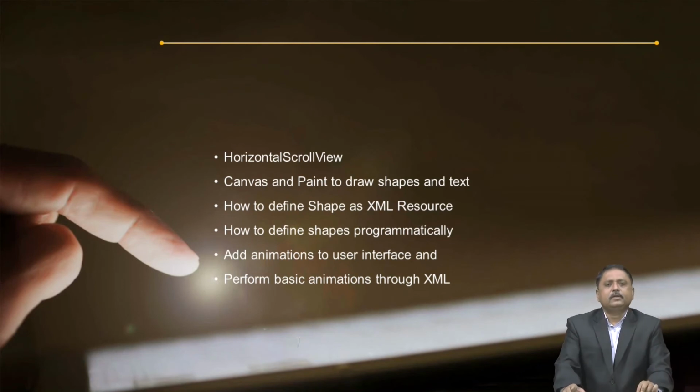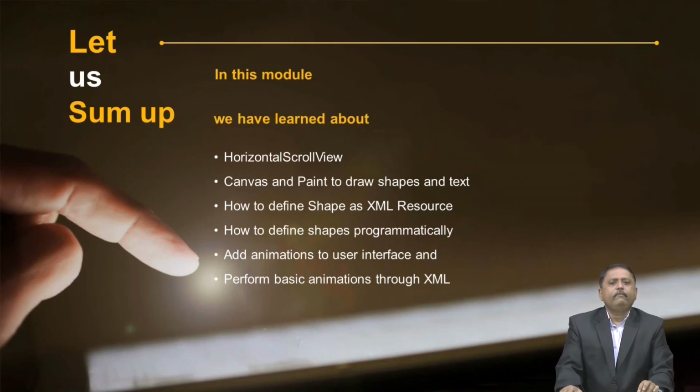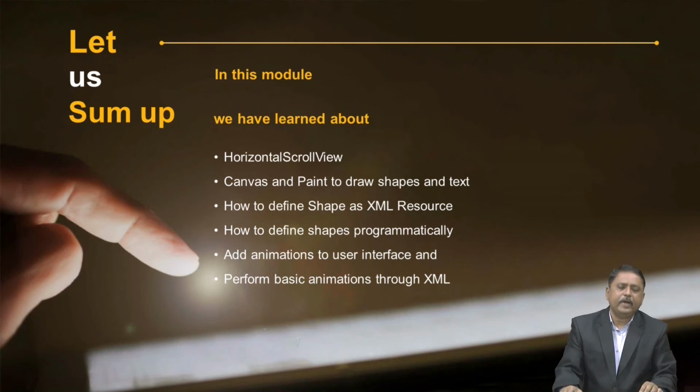So let us sum up, friends. In this module we have learned about horizontal scroll view, which is used to move multiple views in a horizontal direction. We have discussed canvas and paint to draw shapes and text.